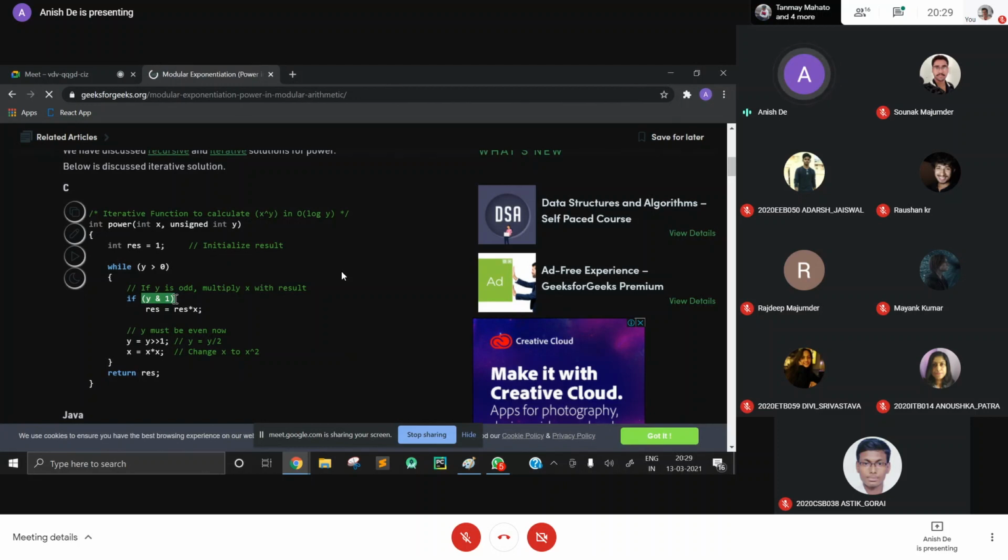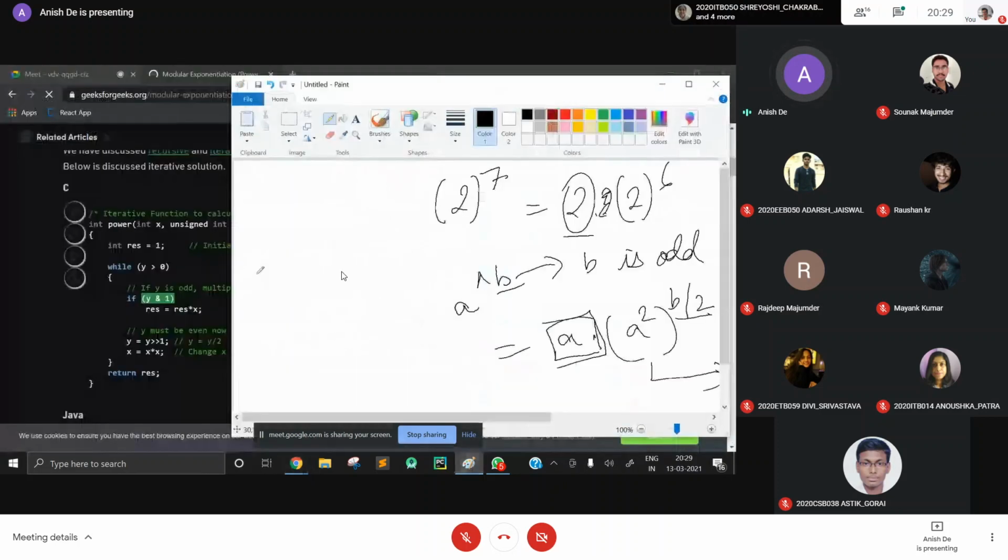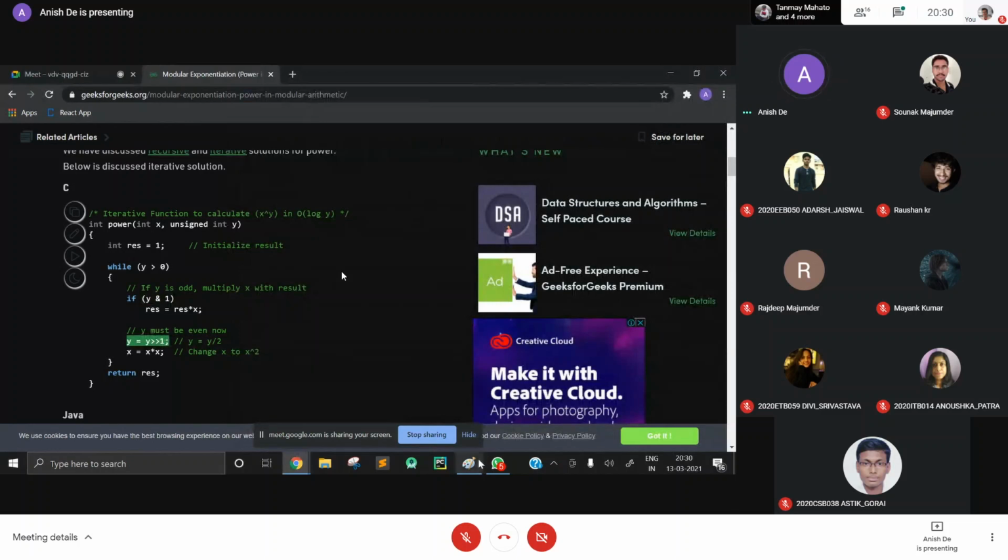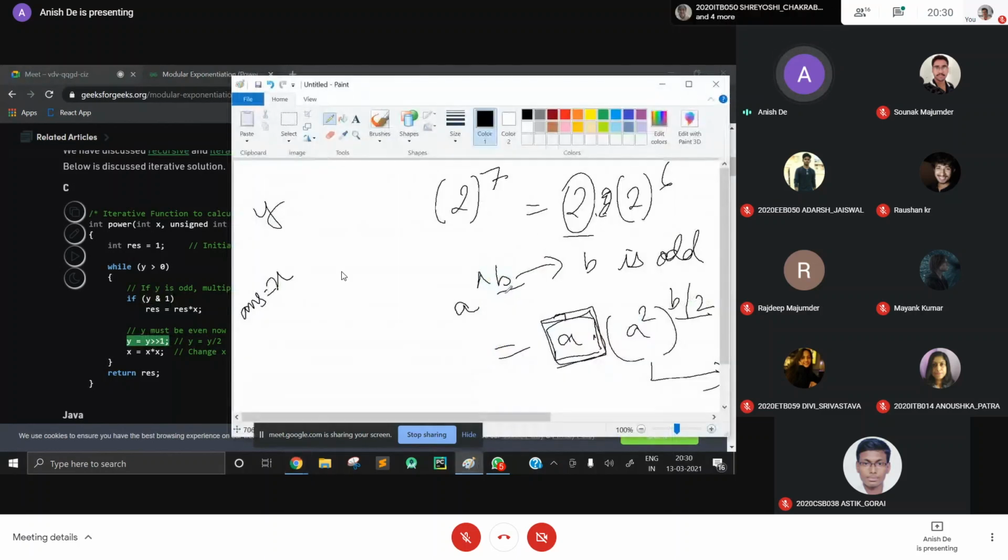Just as you told, if y is odd, then we are multiplying x to the answer from beforehand, and then we are dividing y by 2. Just like here we are dividing from b to b by 2 and squaring a, they are also squaring x.